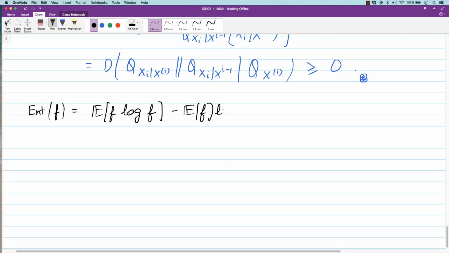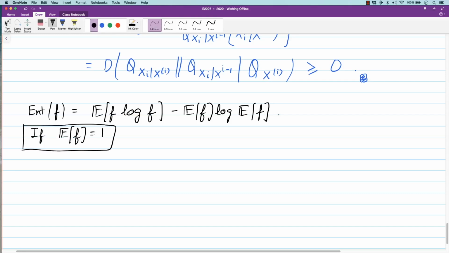This is the definition of entropy that we have. And for the particular case where expected value of f equals 1, which is something we'll assume for now.